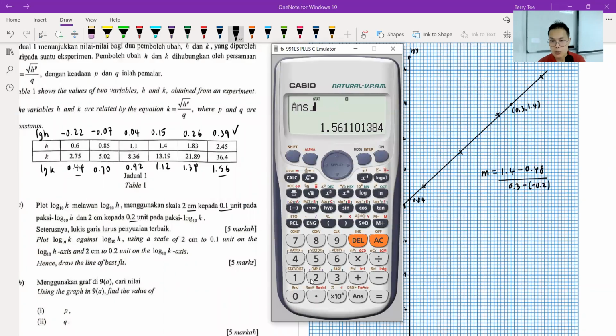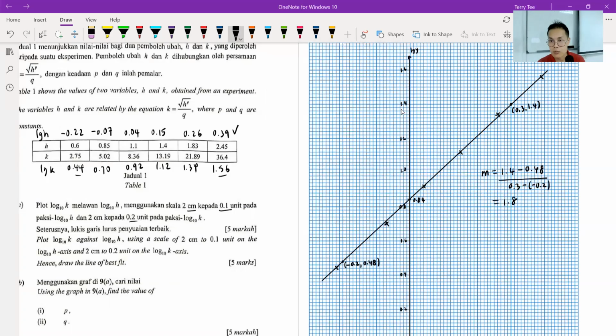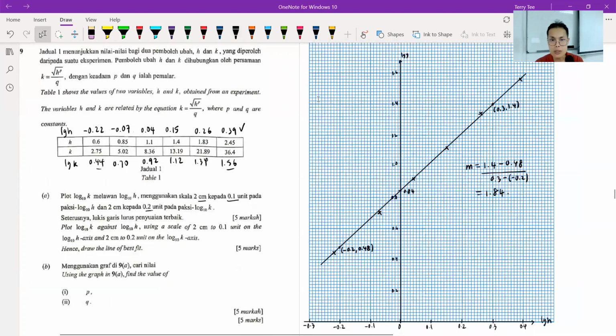Let me change the mode first. 1.4 minus 0.48 divided by 0.3 minus negative 0.2. I got 1.84. Yeah, my gradient is 1.84, which is okay, right? You might get a slightly different answer. So 2 things we got from the graph: my gradient and my y-intercept.